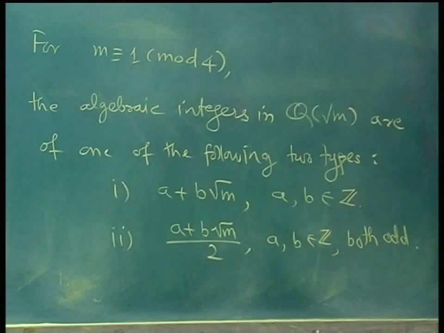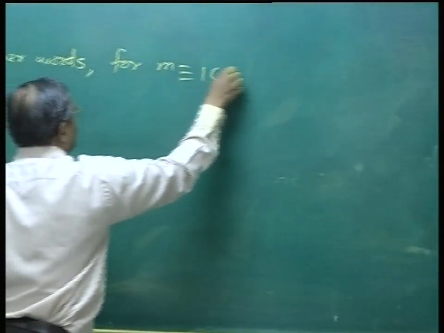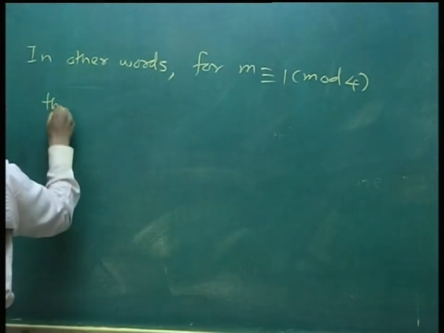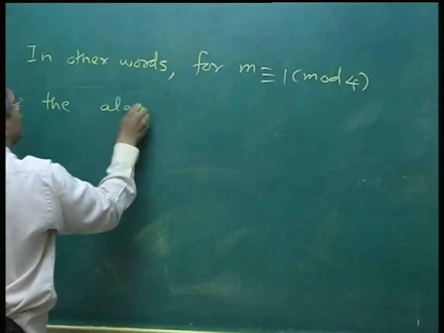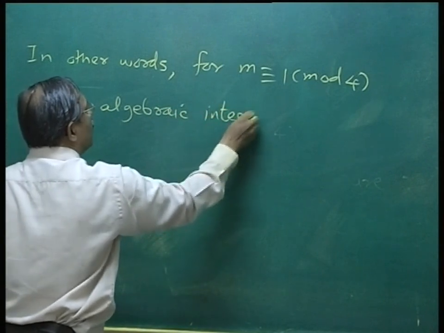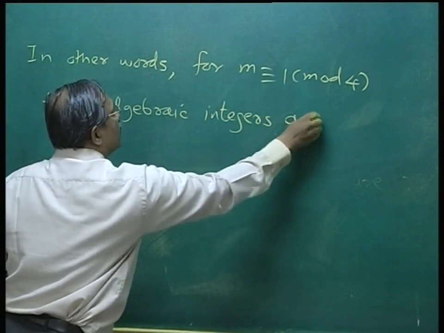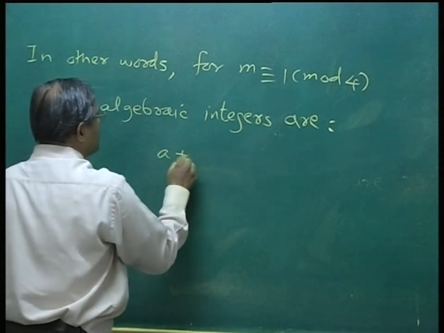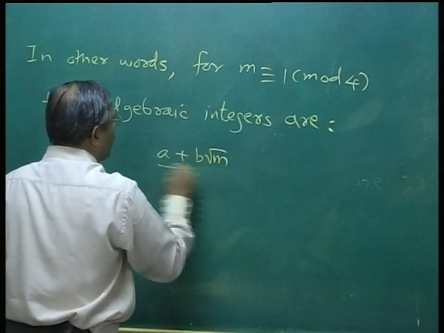In other words, for m congruent to 1 mod 4, the algebraic integers are, what are they? (a plus b root m) divided by 2.